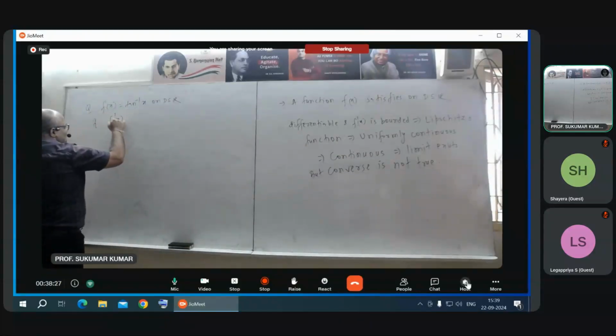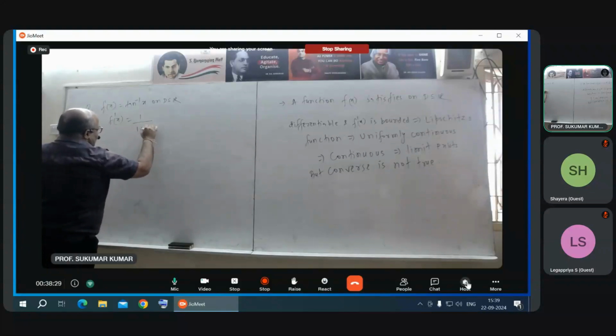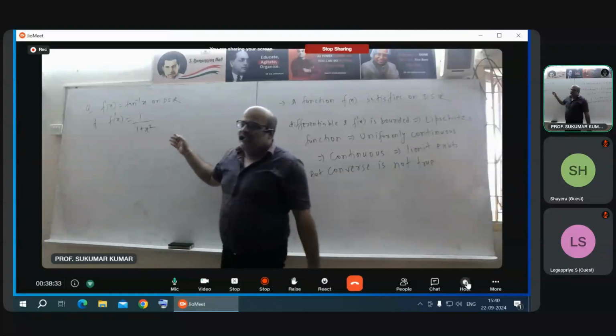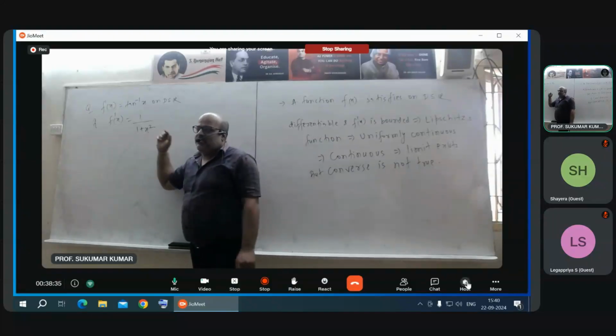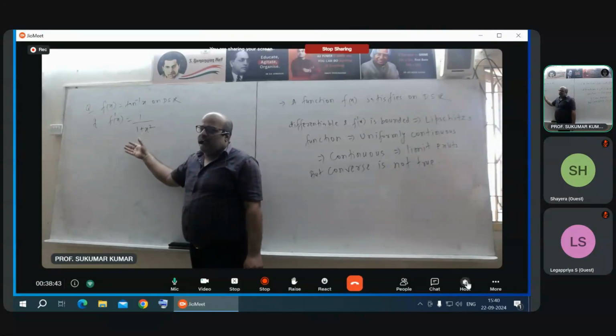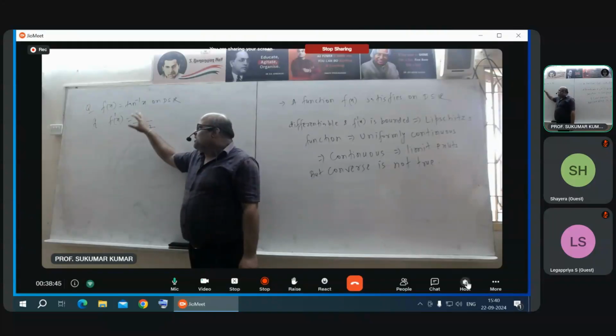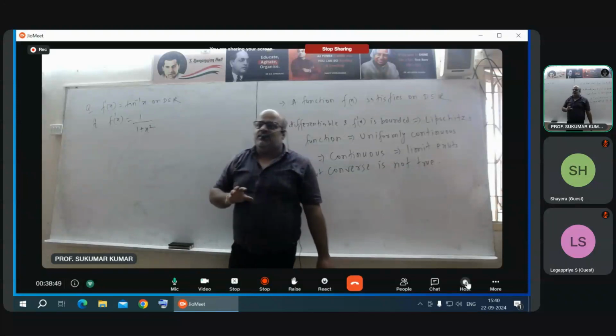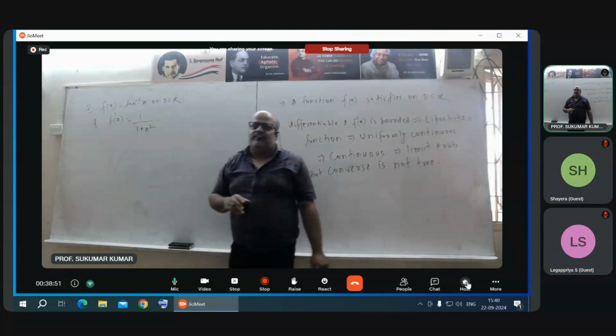So the derivative function will be 1 by 1 plus x square. So this derivative function is bounded on which domain? Bounded or not? Because the function is differentiable, the derivative function is this. Now you tell on which interval this function is bounded. On that interval only this function is uniformly continuous.